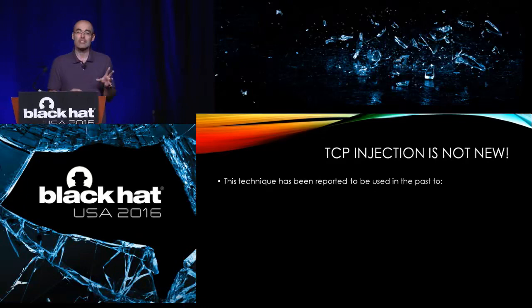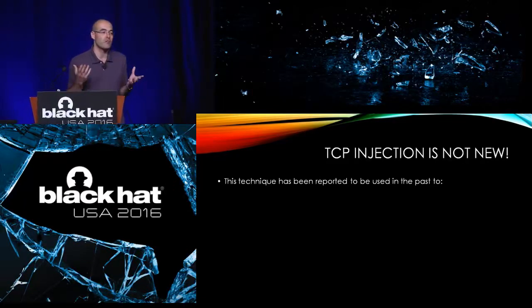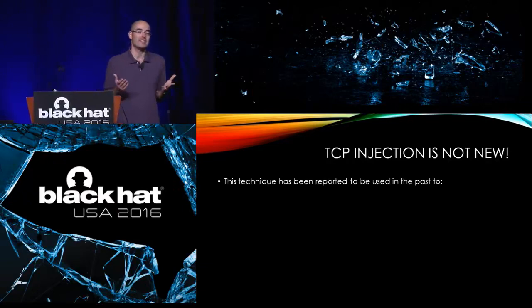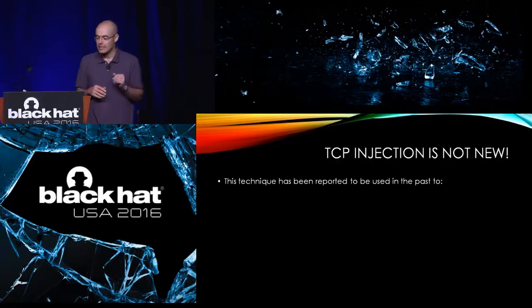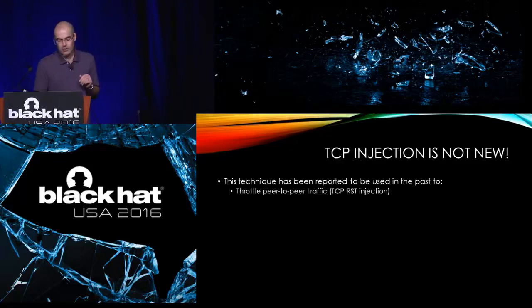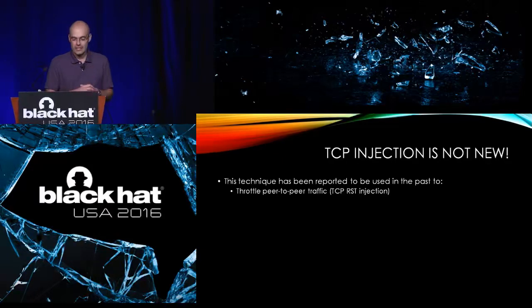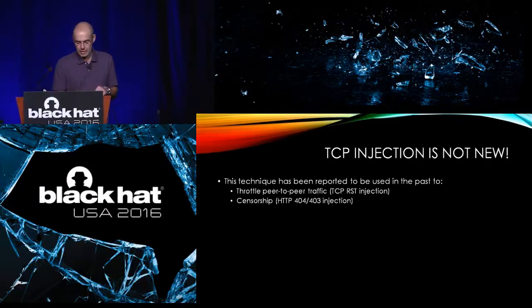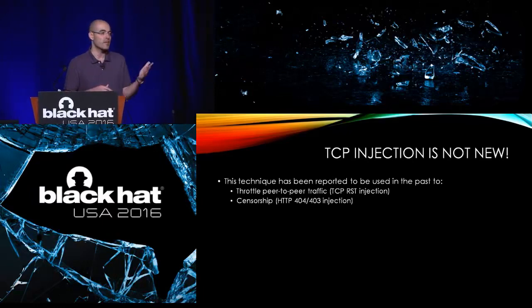TCP injections are generally not a new technique. As an attack technique, they are not new. TCP injection is probably as old as TCP itself. It has been reported in the past that it is used by ISPs to throttle peer-to-peer traffic on their network by simply injecting TCP reset messages. It is also used for censorship by injecting 404 or 403 HTTP responses.